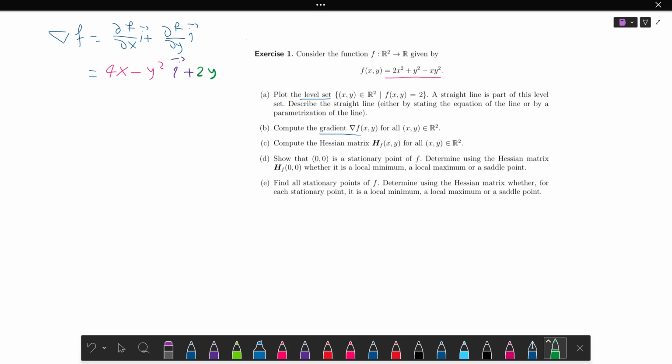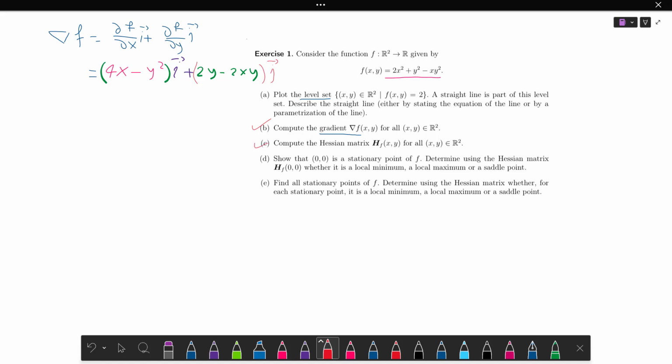Excellent. 2y minus 2x, and you have to put this between brackets because the unit vector must be outside, right? So we finish the gradient. Easy to find the gradient.